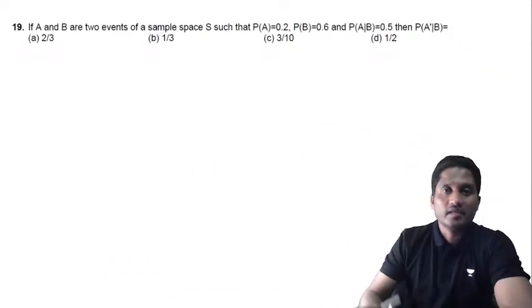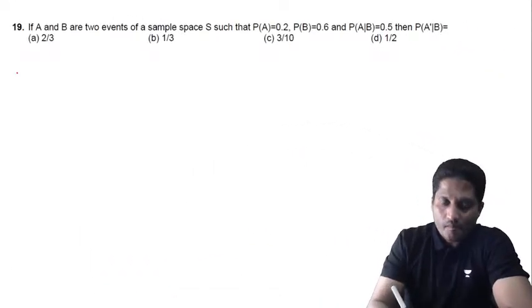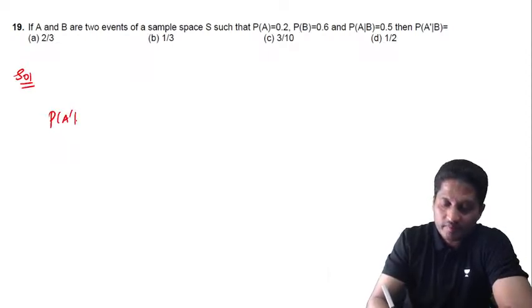Question number 19. I am supposed to find out what is P of A dash given B, right?